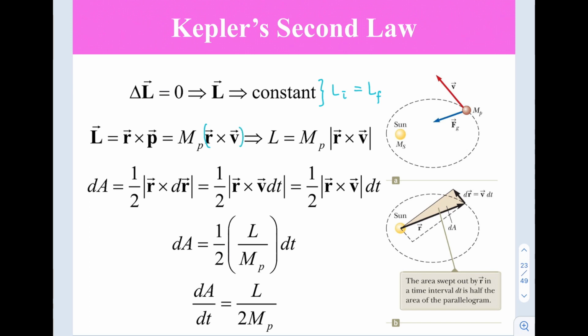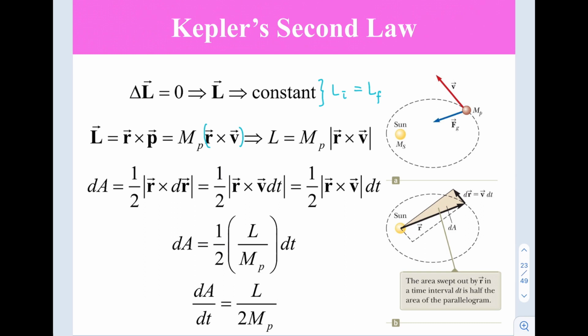So it's m of the planet times the product of magnitudes, because we are now considering the magnitude of L: mass of the planet times the magnitude of r cross v.